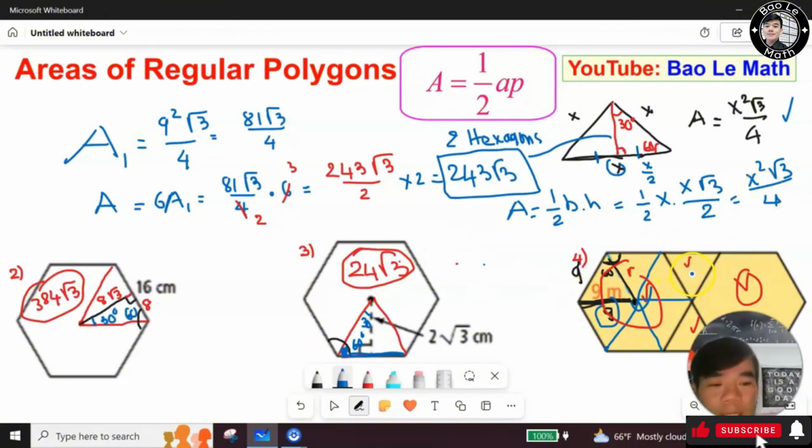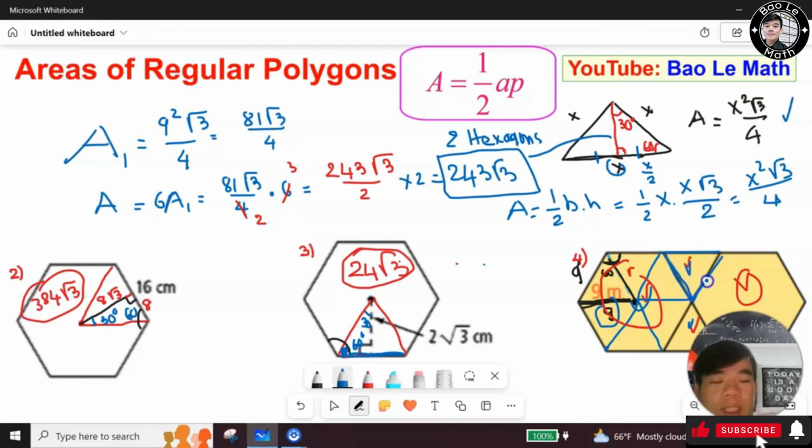Now we need to calculate the area of this one and this one, and add them up. This is actually an equilateral triangle, right? Look, this side right here and this side right here are congruent, and this side right here, same thing.